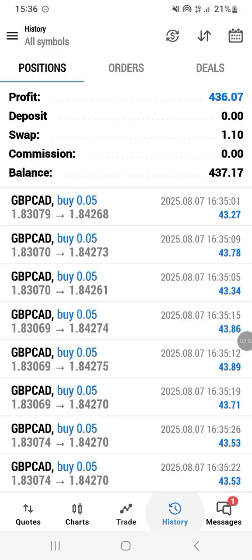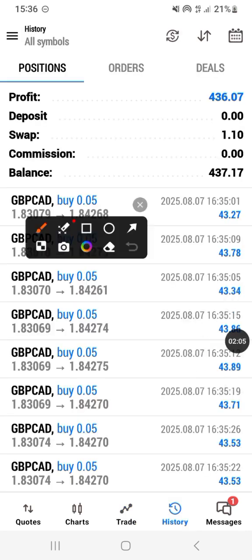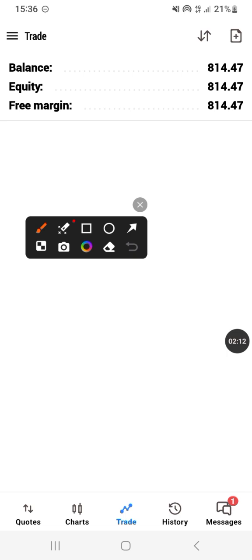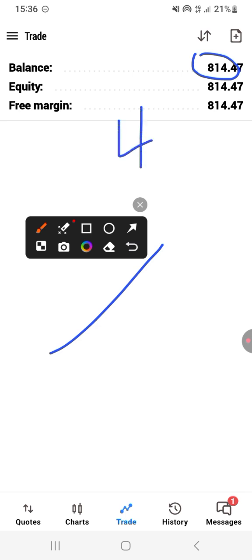So my people, if we check today, we managed to make 436, which is good for us. As I told you, whenever we are trading, we are looking for either half of our account balance or to double it, which means tomorrow when we are trading this account, we'll be looking for 400, and maybe $7, because this will be half of this account, or we'll double this account.